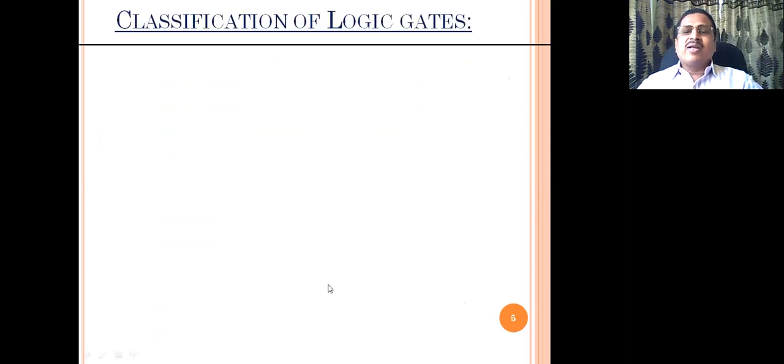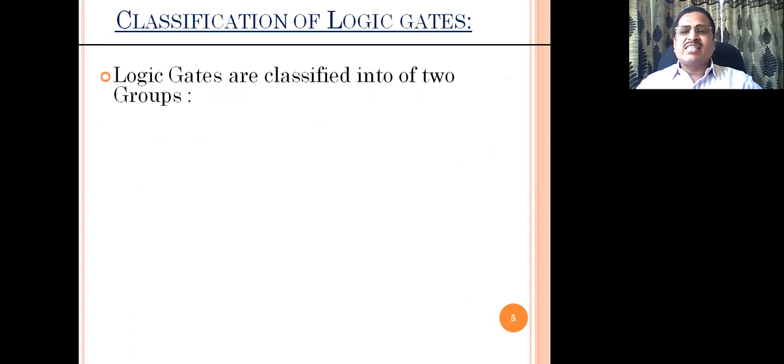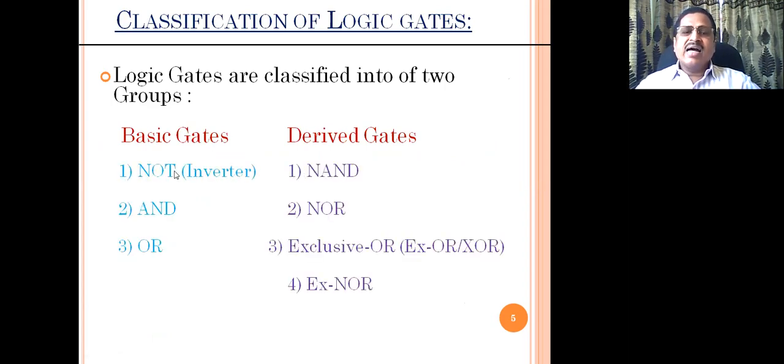So first, let me tell you what different types of logic gates are available in digital electronics. Logic gates are broadly classified into two categories or groups, namely basic gates and derived logic gates. Basic gates are NOT, also called inverter, AND and OR, three types.